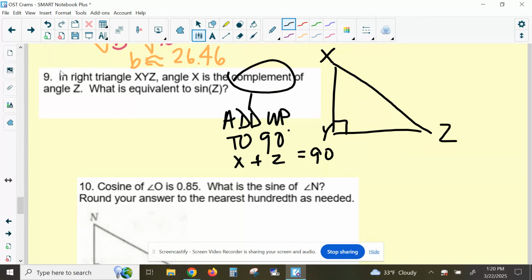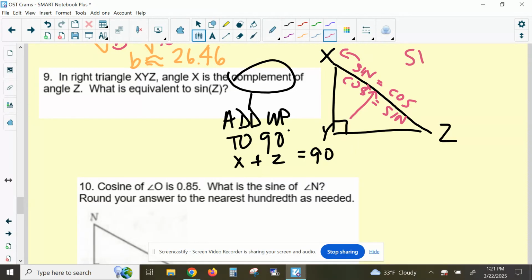Now remember, when you don't have any numbers, that's your clue to do that little trick. Go on your hypotenuse, and write sine equals cosine and cosine equals sine. Because then it's going to help you remember how to set this up.